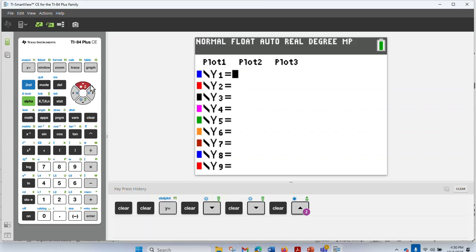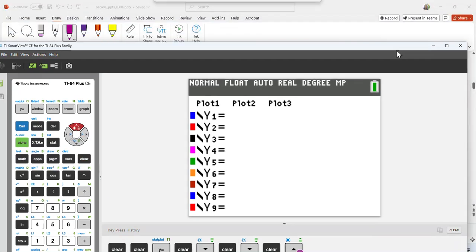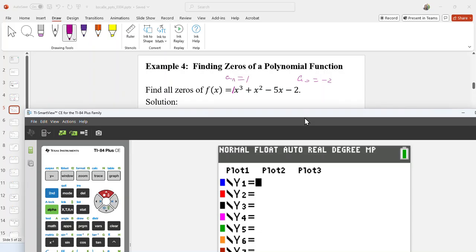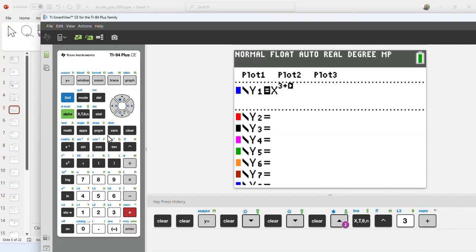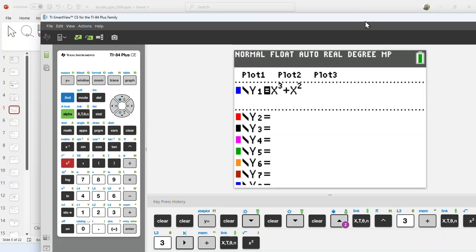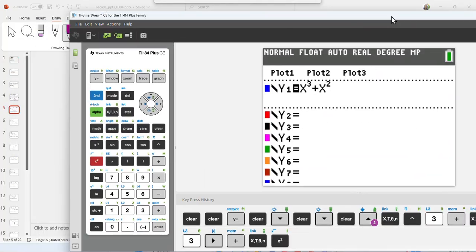All right, so I'm going to graph this one: x cubed plus x squared minus 5x minus 2.